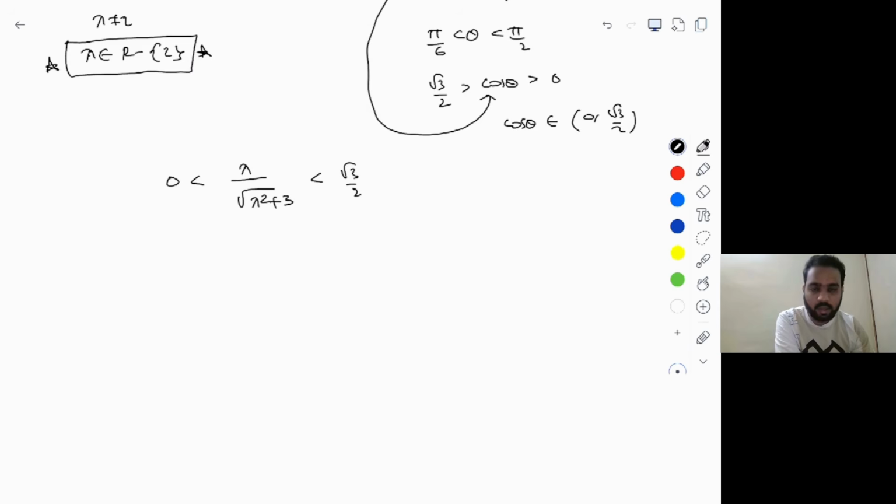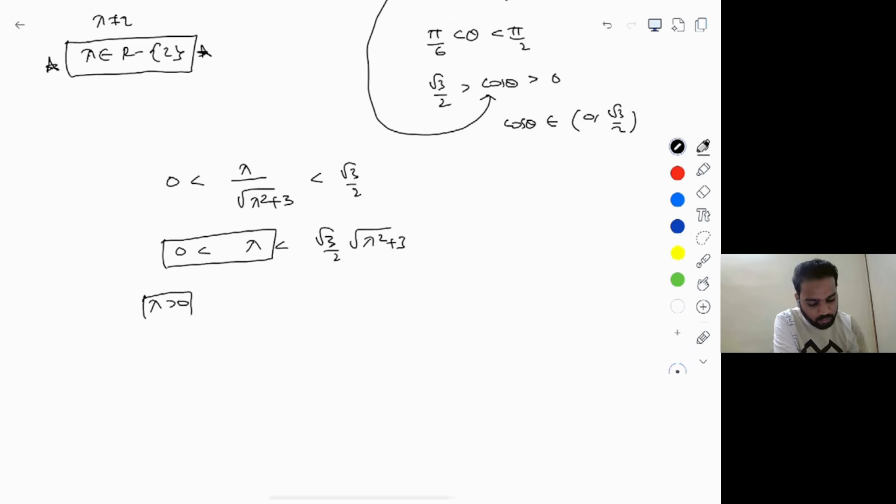And clearly the denominator here is a positive value, so you can cross multiply. So 0 less than lambda less than root 3 by 2 times the square root of lambda square plus 3. Taking the left side part, you get lambda strictly greater than 0.